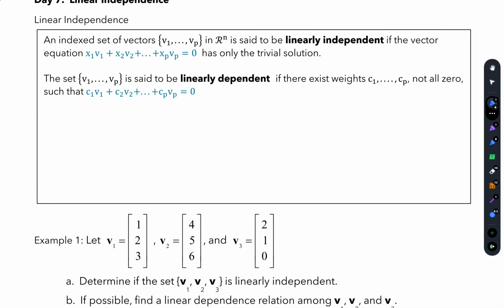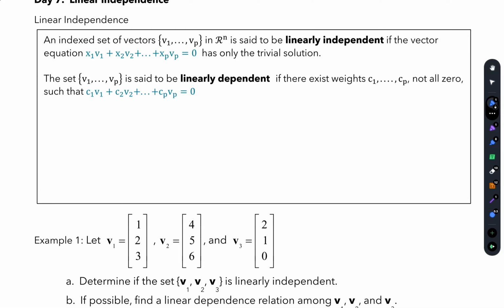Okay, so what does it mean to have a set of vectors that are linearly independent? What does it mean to have linear dependency or be independent of one another?